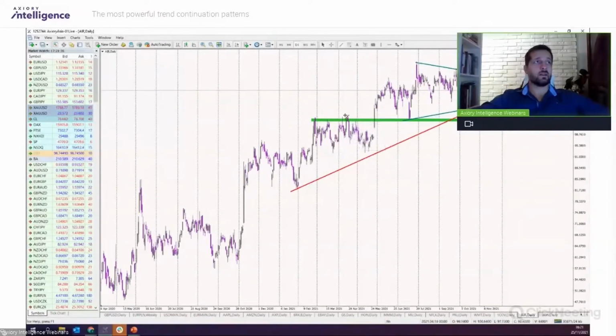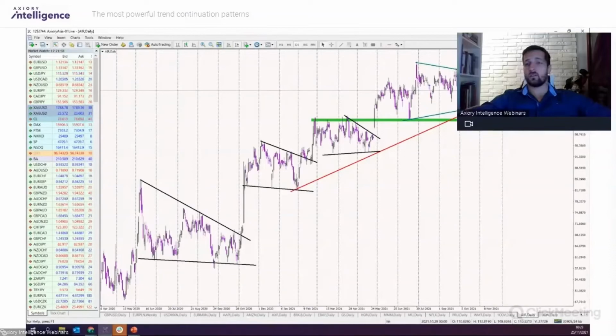In the meantime, what did we have? That's a pennant. In the meantime, what did we have? That's a wedge. In the meantime, what did we have? That's another wedge. Upswing, wedge, upswing, wedge, upswing, pennant, upswing, triangle. Beautiful. Prices move like this.